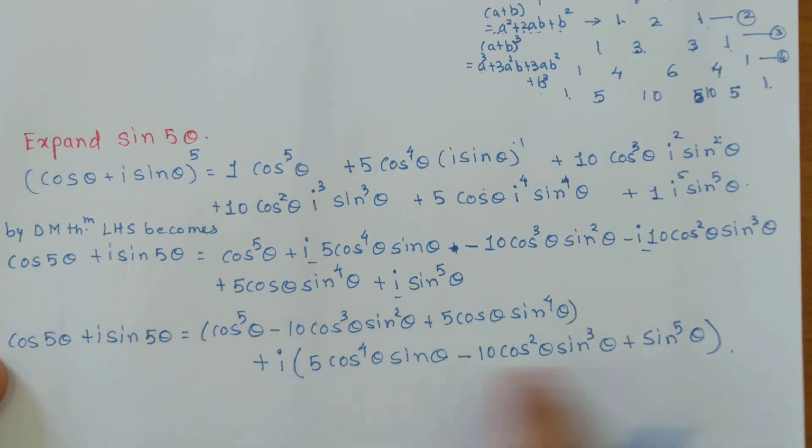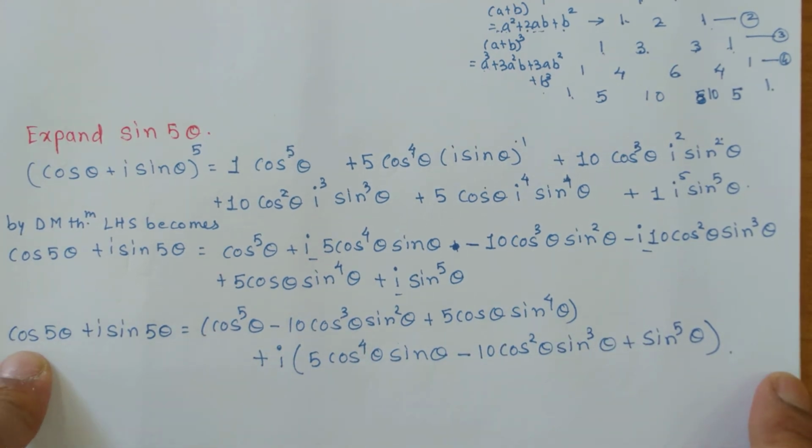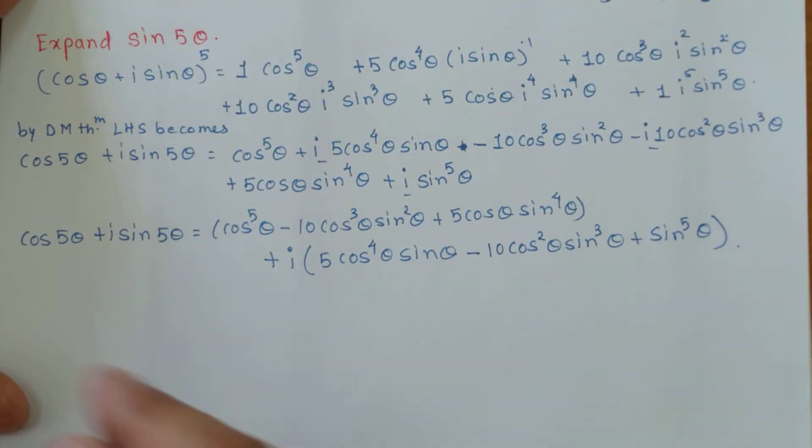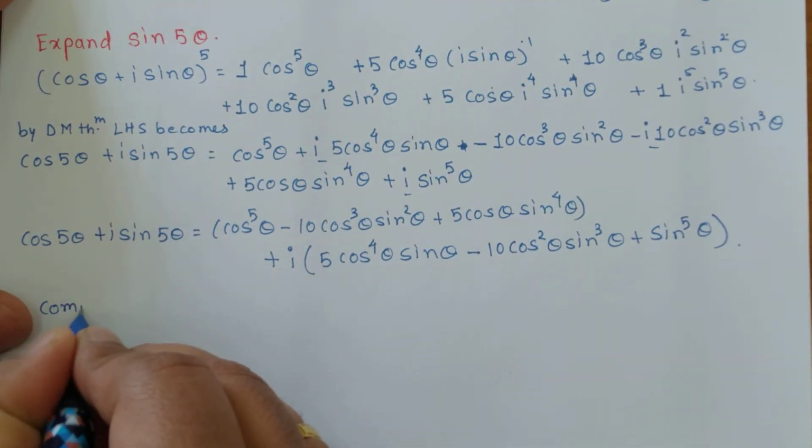So this is the real part and this is the imaginary part. Here cos 5 theta is the real part, sin 5 theta is the imaginary part. So comparing on both sides.